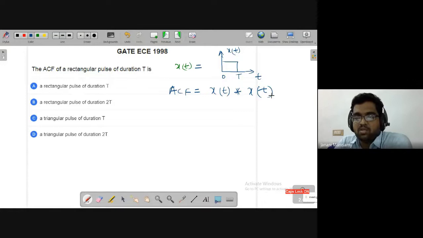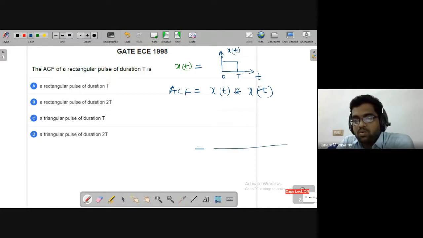Another formula is also there, but this is one of the formulas. So for a given signal, you have to find x of minus t, then do the convolution operation for this rectangular pulse. First, you should know x of t, then x of minus t. Then you do the convolution operation, and finally you will get the answer.